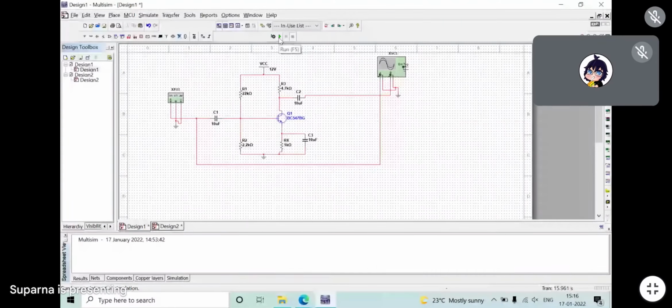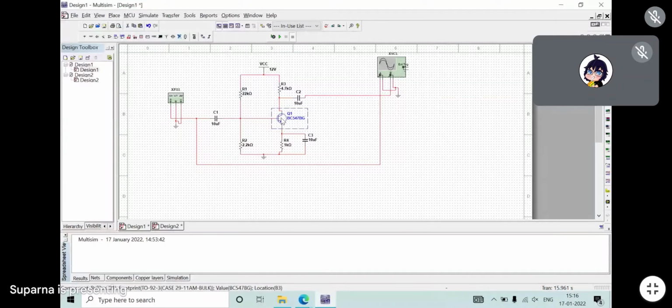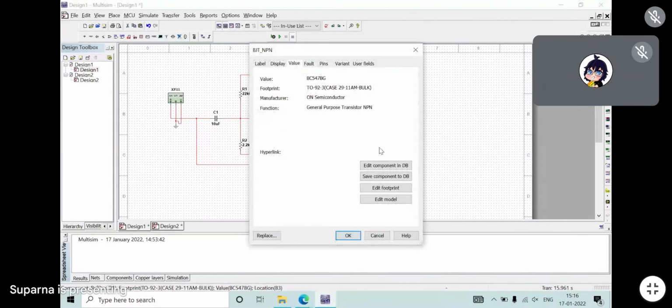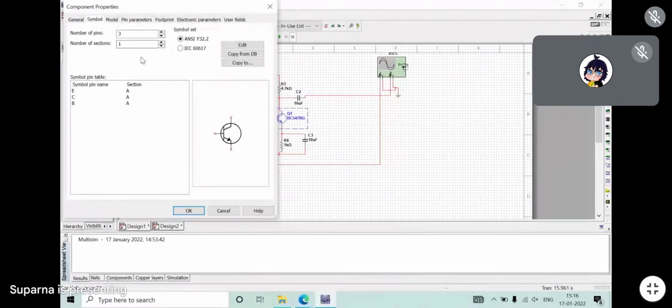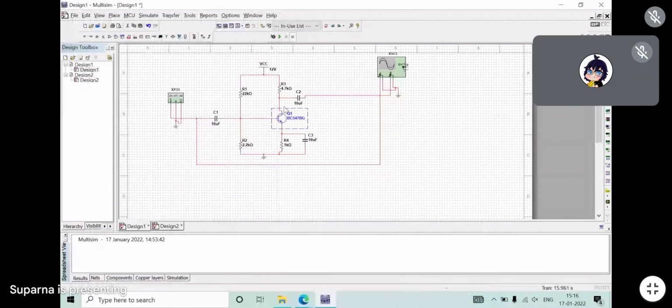Beta value I need to change here, ma'am. I don't know. You know how to change it? No, ma'am. Double click on that transistor. Go to edit model. It is below. Edit model. Do once again.